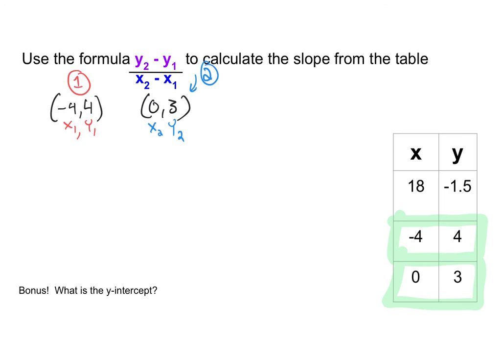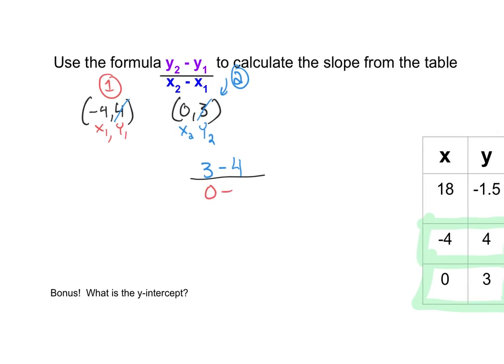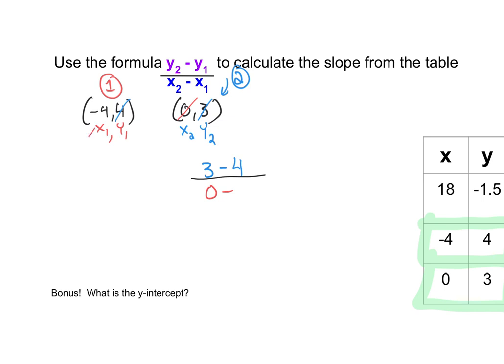So let's take those y values first. So we'll do 3 minus 4. So that was my y2 minus my y1, all divided by x2, so 0 minus x1, -4.